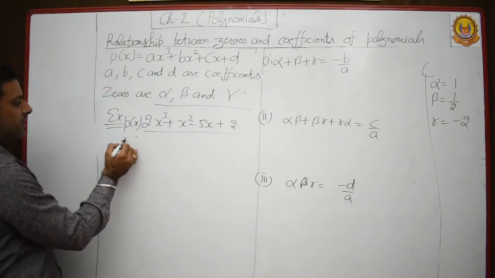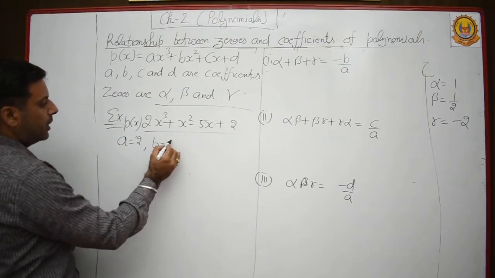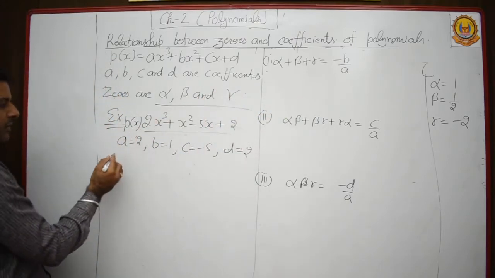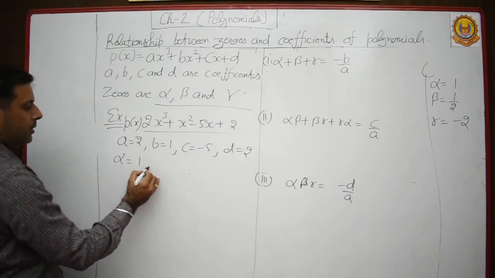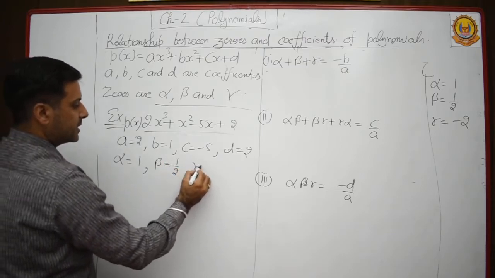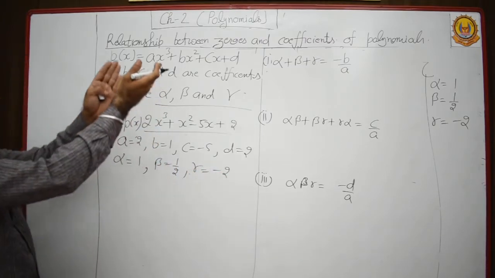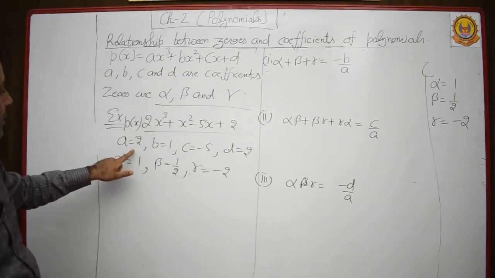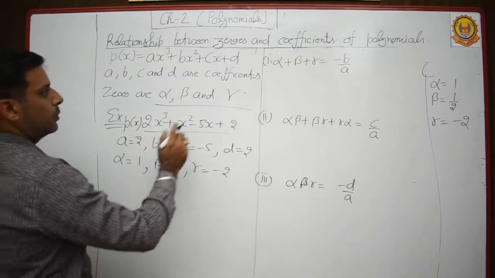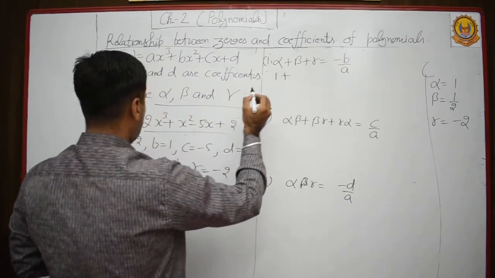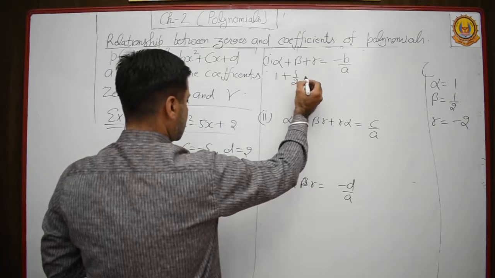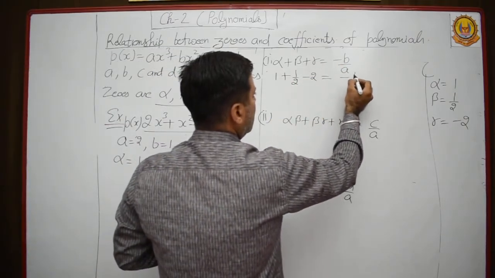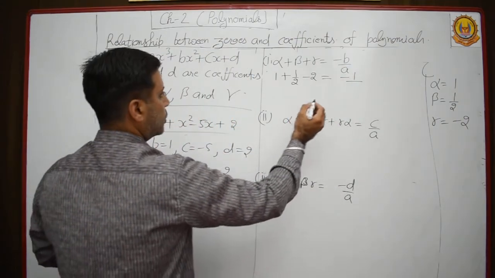So here the coefficients are a equal to 2, b equal to 1, c equal to minus 5 and d equal to 2. And the zeros we found: alpha equal to 1, beta equal to 1 by 2 and gamma equal to minus 2. You can put these values in the relation and verify it. So I am verifying one relation. Here alpha is 1, beta is 1 by 2 and gamma is minus 2, and the value of b is 1, with the minus sign, and a is 2.